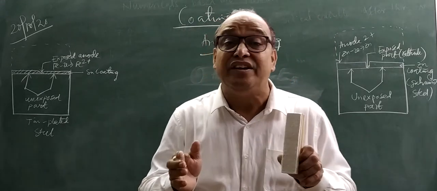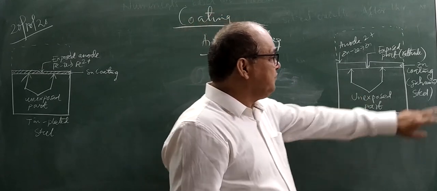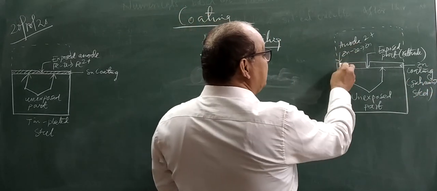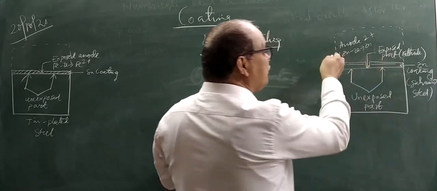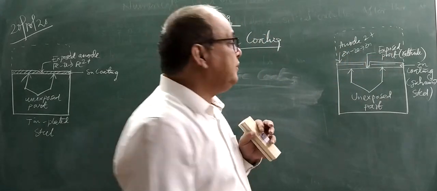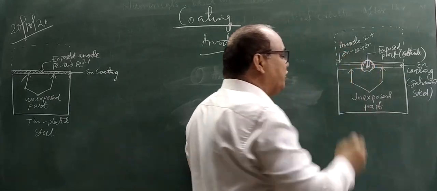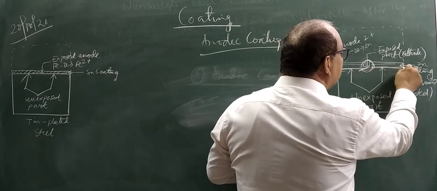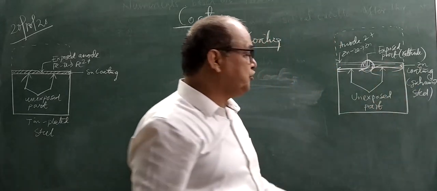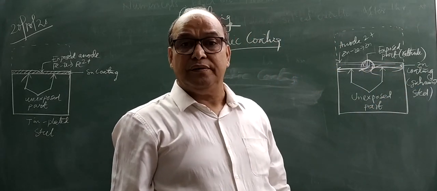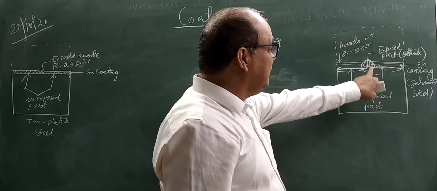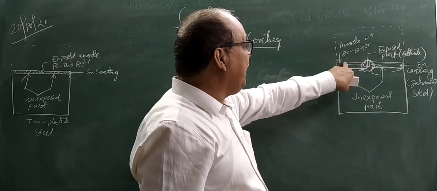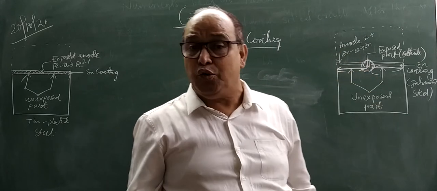In the case of galvanized steel, what we have seen here, this is the coating. This area is coated with zinc, and in this area rupture has taken place, and this part and this part are the unexposed part. Once this is ruptured, automatically this zinc coated area, zinc, will become your anode.